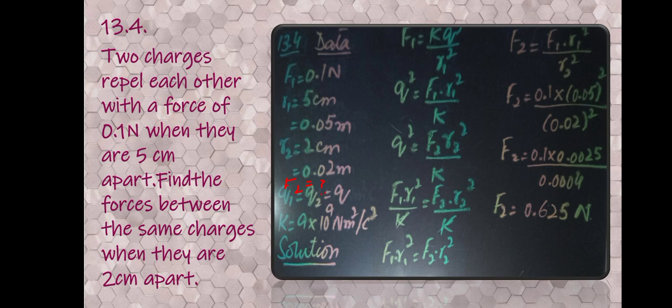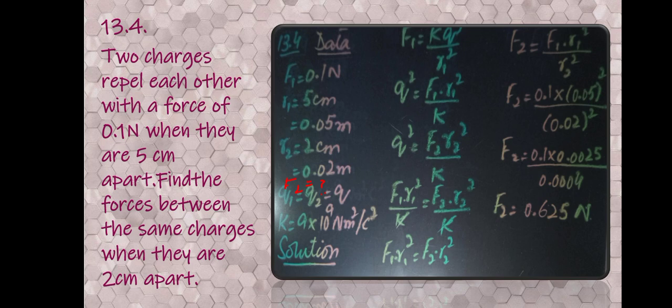F2 R2 square divided by K. Now as the charges are the same, or we can say the left hand sides are the same, we can take the right hand sides as the same also. Taking them the same, we will get F1 R1 square divided by K equals F2 R2 square divided by K. Now K is a proportionality constant. It will be the same for both the cases also. It can be cancelled from the denominator of both sides.